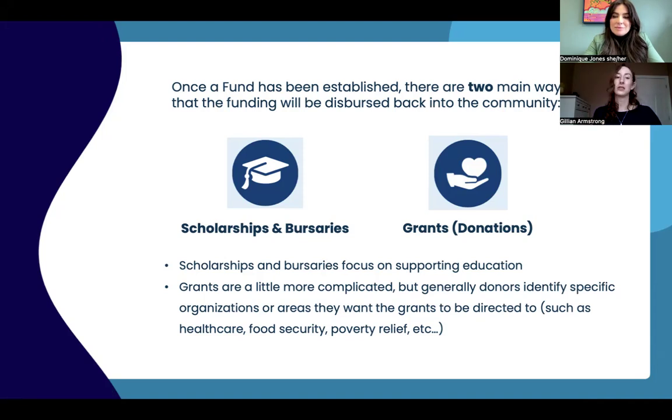That can include categories like they're passionate about healthcare or food security or poverty relief or maybe education in other ways. So it's a little bit more plug and play. That's why we also refer to them as donor advised funds, as the donor has the voice in those conversations and has areas where they're interested in directing that support. So we just help facilitate what that looks like.